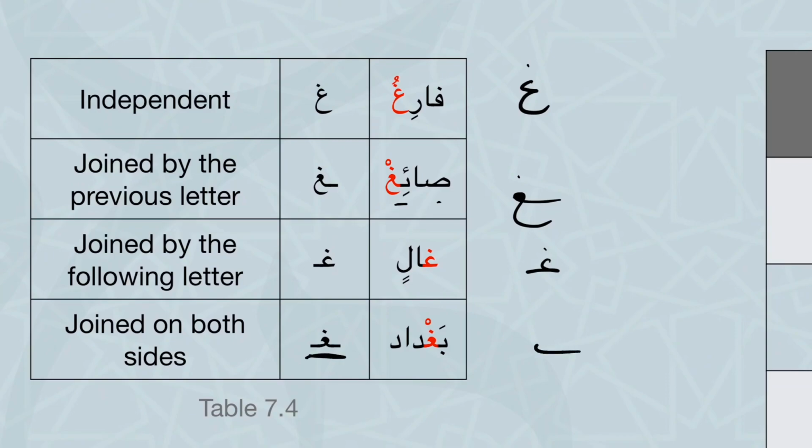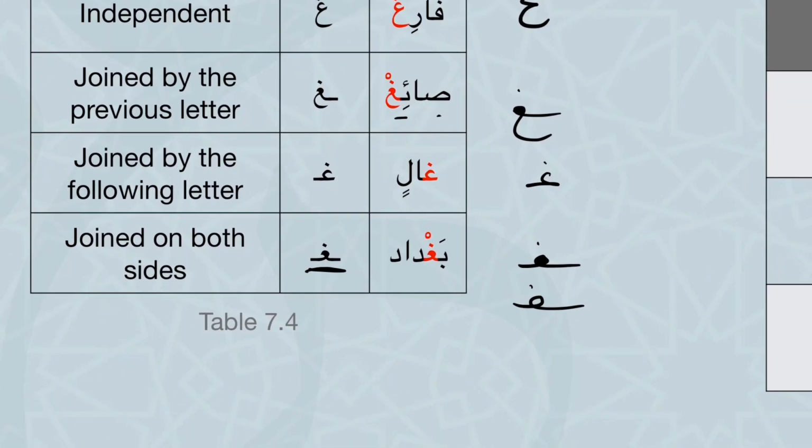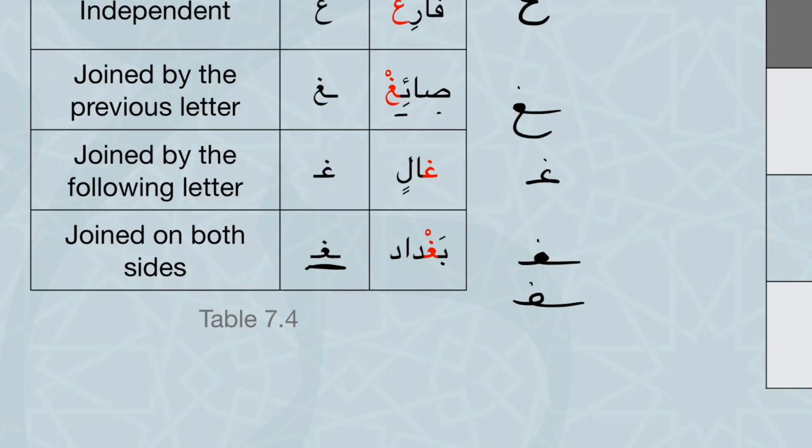The joint on both sides, you have to kind of color it in so it's not mistaken with the fa. People may have asked, how do I differentiate between fa or ghain and meem? Meem is usually written underneath, not on top. You have to dip down. The circle is lower, at the bottom, not above.